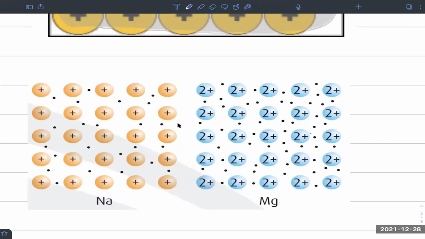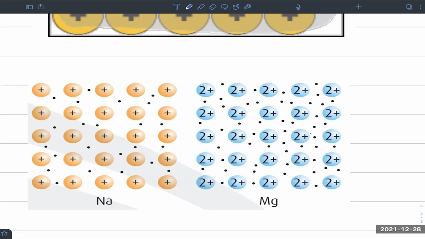So every magnesium atom is donating 2 electrons and every sodium atom is donating 1 electron. By the way, in A levels, we don't use the word losing electrons. We prefer saying donating electrons, although preferred nahi padta. So this is how the lattice is, and magnesium will have higher melting point. It will have higher boiling point, all of that. And that is because the lattice is stronger. Okay. So that's how they are.